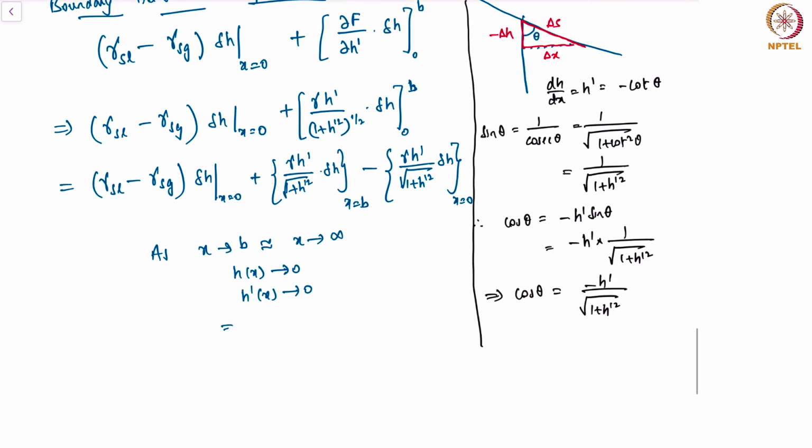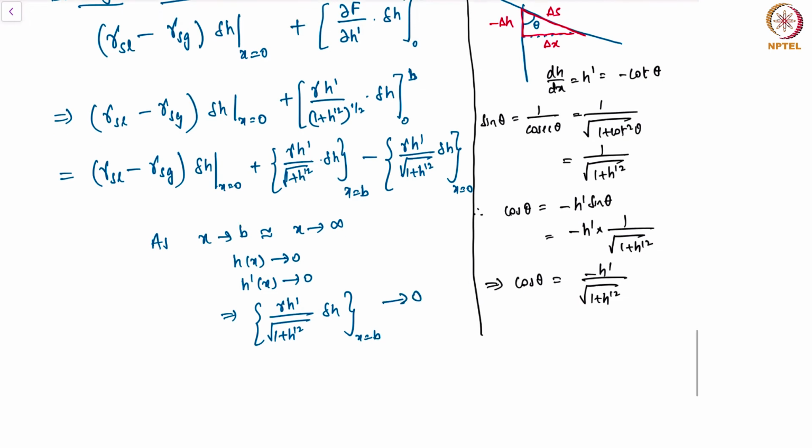So the quantity gamma h prime by square root of 1 plus h prime square times delta h at x equal to b goes to 0.